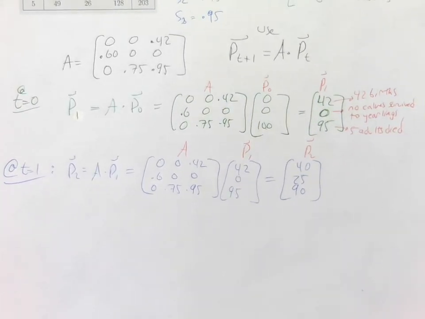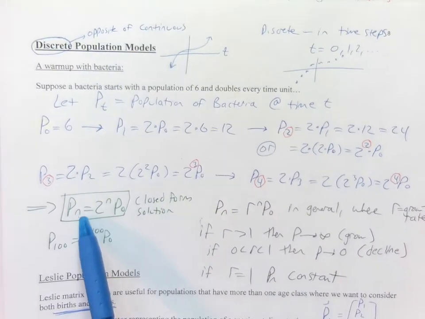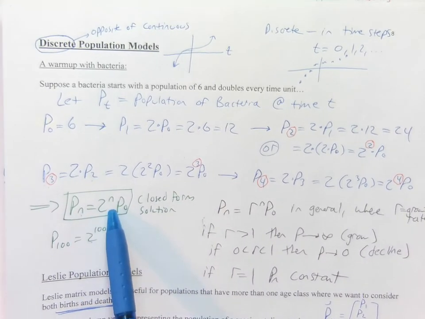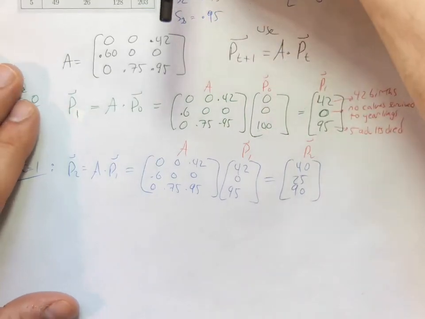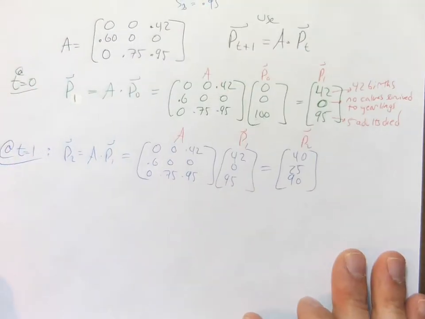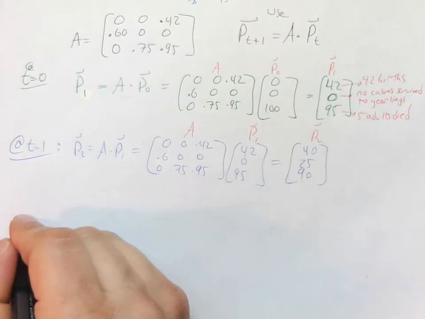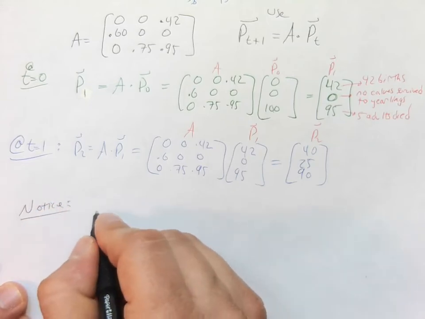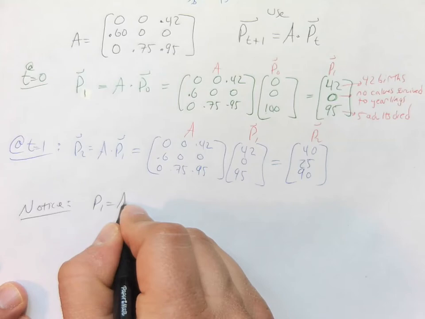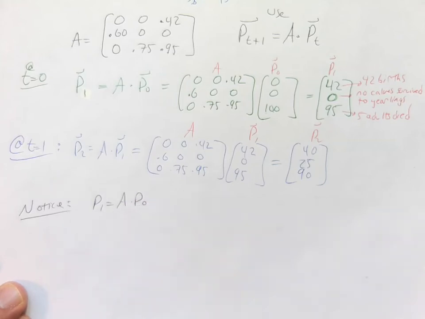Let's do the same thing we just did a second ago with the bacteria. Remember with the bacteria, we came up with a closed form solution, and it looks very similar when we do it here. So notice, P1 was A times P0.